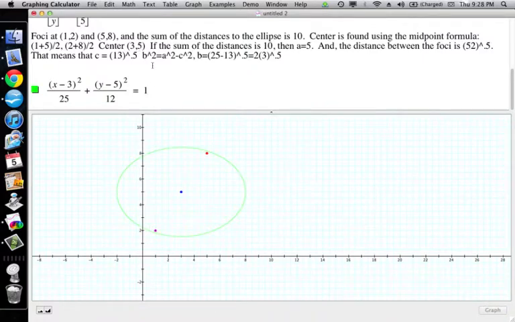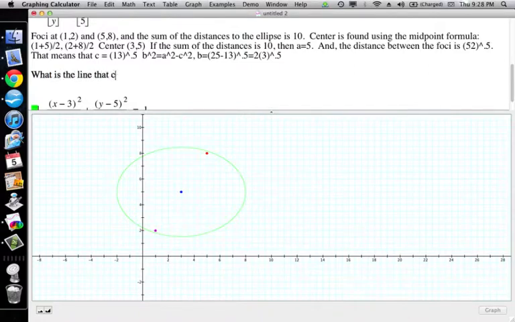Okay, now I've got my ellipse and it's centered, but it's not rotated. So now I have to think about what is the line that connects. So next question is, what is the line that connects the foci?